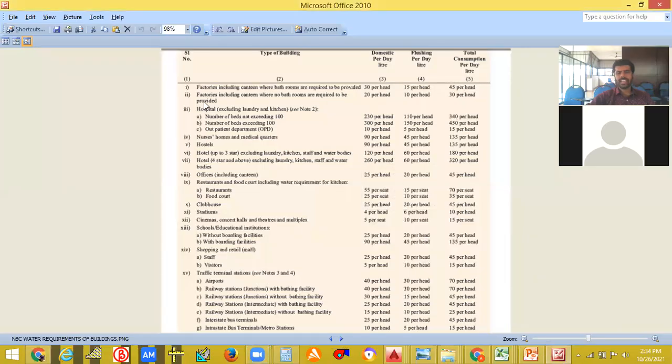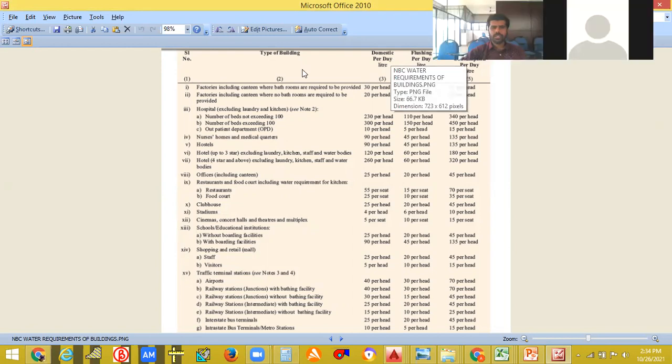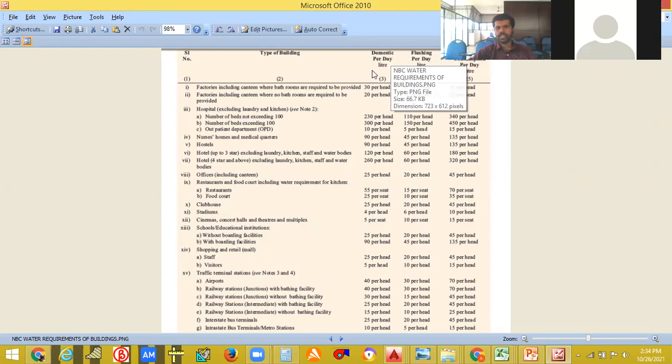This is the chart that I have just taken a photo of from the NBC. I have the NBC guidelines with me also. According to the type of building, domestic usage per day in liters is given.